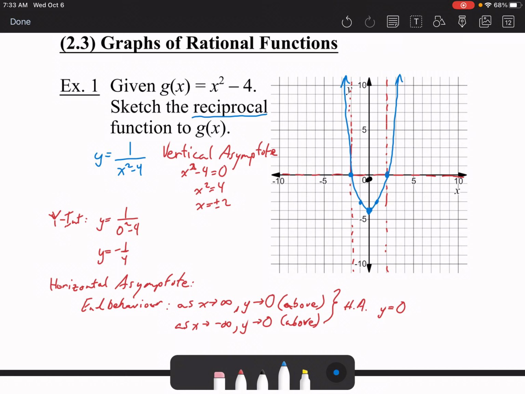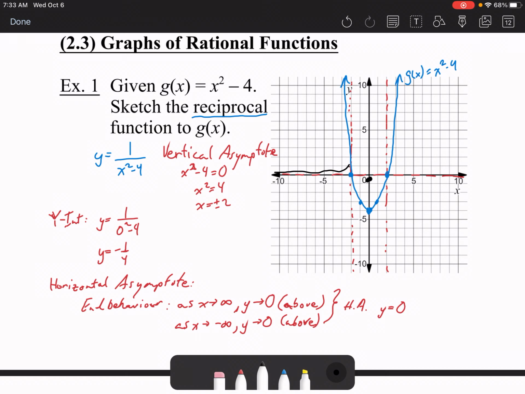So the original function g of x was defined to be positive for values less than -2. So our reciprocal will also remain positive and get close to these asymptotes.